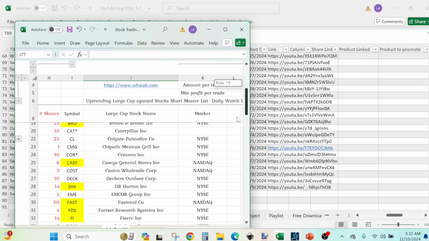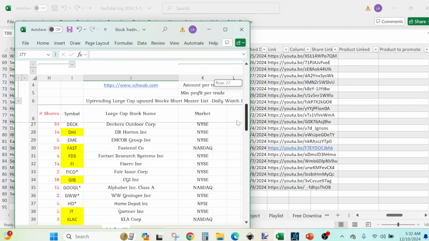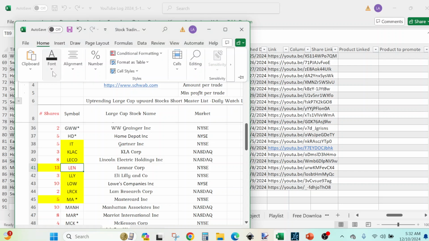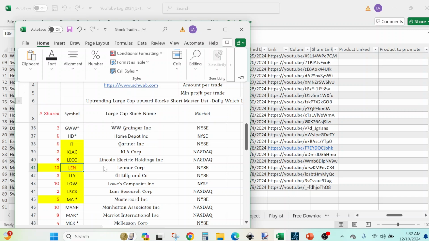At the beginning, it's good to set the amount you want to spend per swing trade, and that will determine how many shares of the stocks to purchase. Or you can target the minimum profit, and that will determine how many shares to purchase as well.